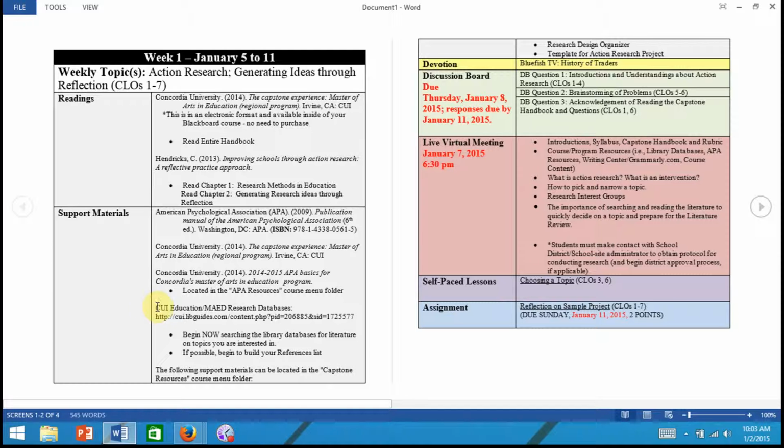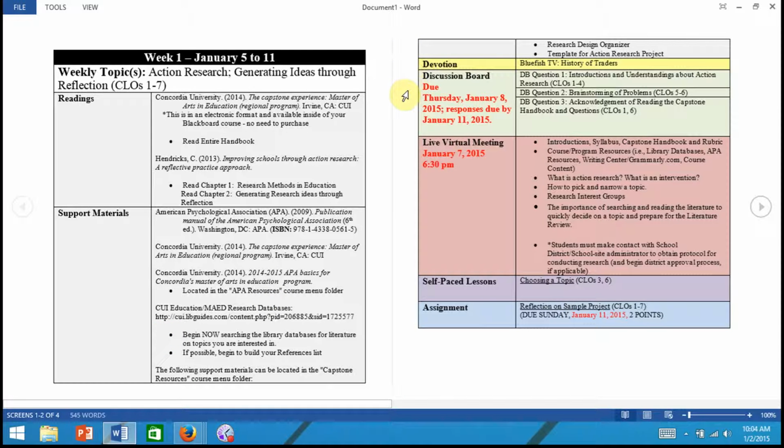Also, if you are not already familiar with it, you need to become familiar with the research database at the Concordia library, which will help support your literature review if you can easily navigate the database for your references.